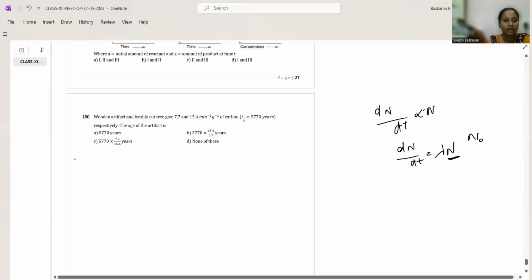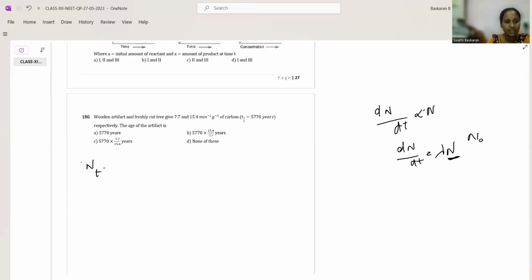We know the formula Nt is equal to N naught into half raised to the power n, where the value of n is equal to total time divided by t half. Now we know the value of Nt and the value of N naught. Substituting these two values, we will get the total time.